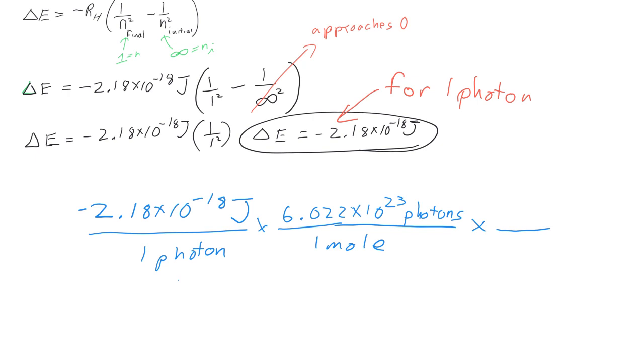So now we've gone from joules per 1 photon to joules per mole, because we've crossed out photons. Now we want kilojoules. So we're going to place our joules where they cancel out. We know that 1 kilojoule is 10 to the positive third joules. So now I just multiply everything on top, divide through by everything on the bottom.